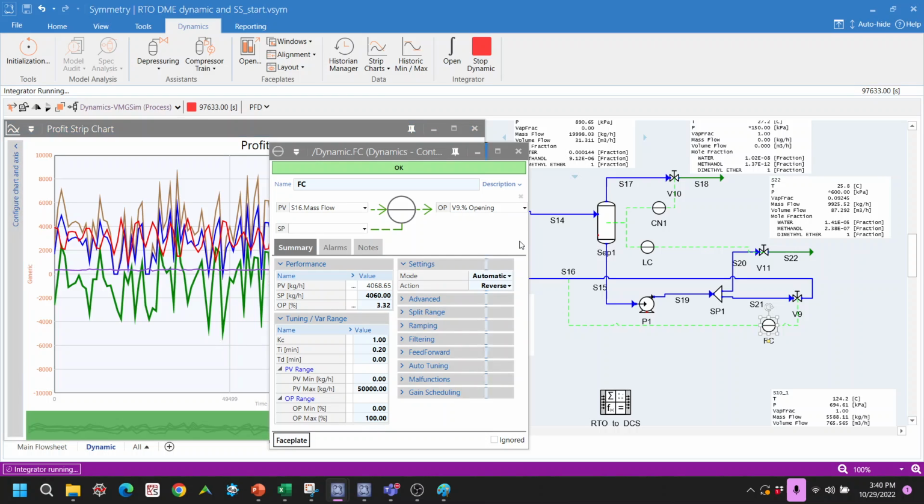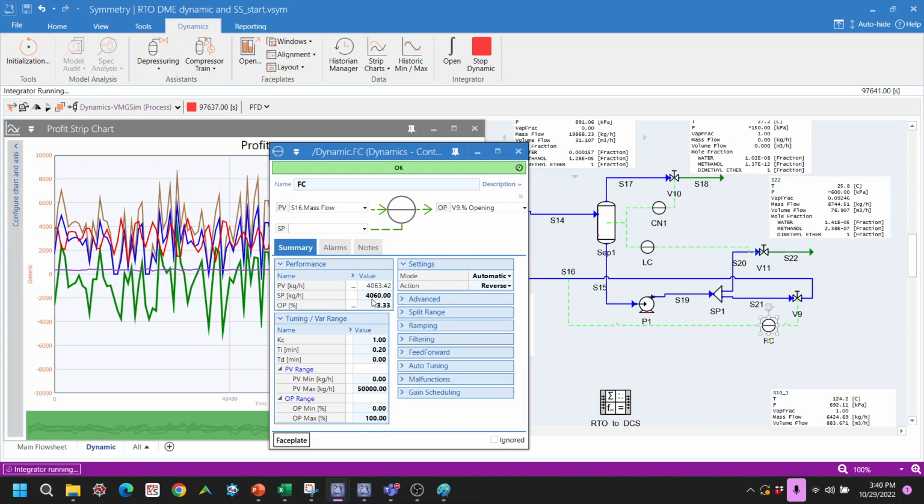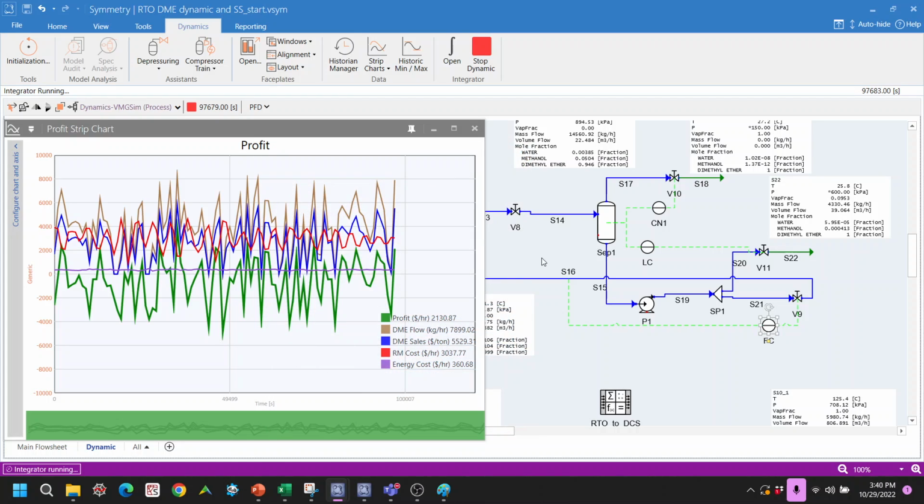But nonetheless, the reflux is already there. It's going up and down, but it goes around this number, so it's good. So we are hoping that the profit will then go up as well.